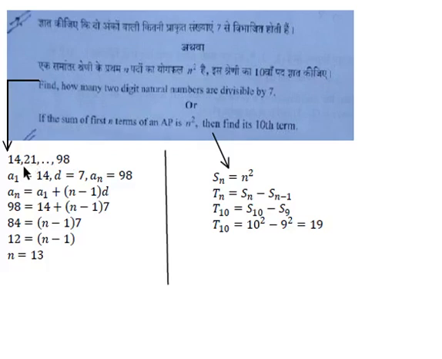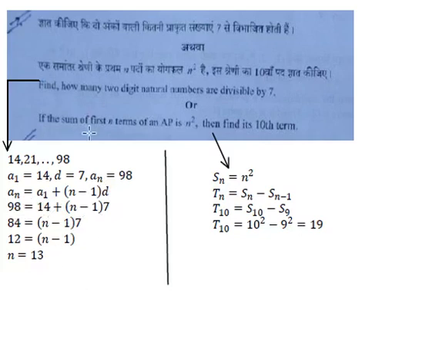So we again have an AP where a1 equals 14, the difference is 7, and the last term is 98. We have to find the n. We use the formula for an, input the values of an, a1 and d, and solve for n equals 13.